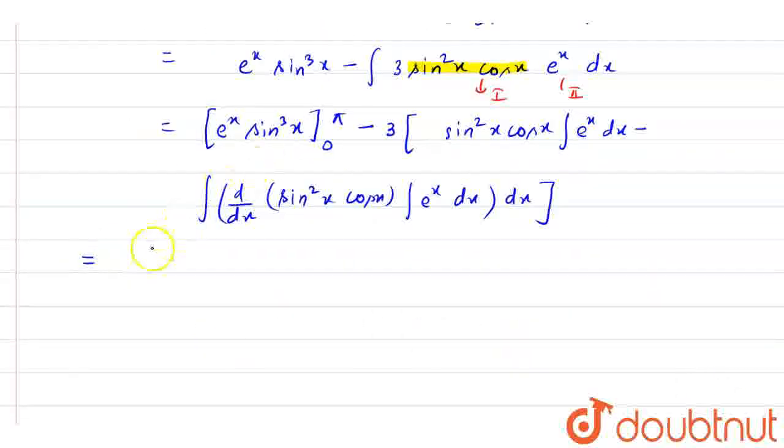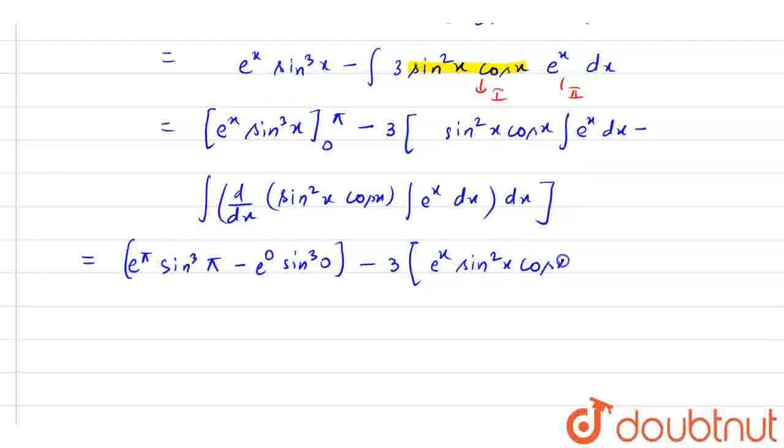Now if I put the limits, we have e to the power pi sin cube pi minus e to the power 0 sin cube 0. We have minus 3 times: e to the power x sin square x cos x with limit 0 to pi, minus integration of the differentiation of sin square x cos x times e to the power x dx.